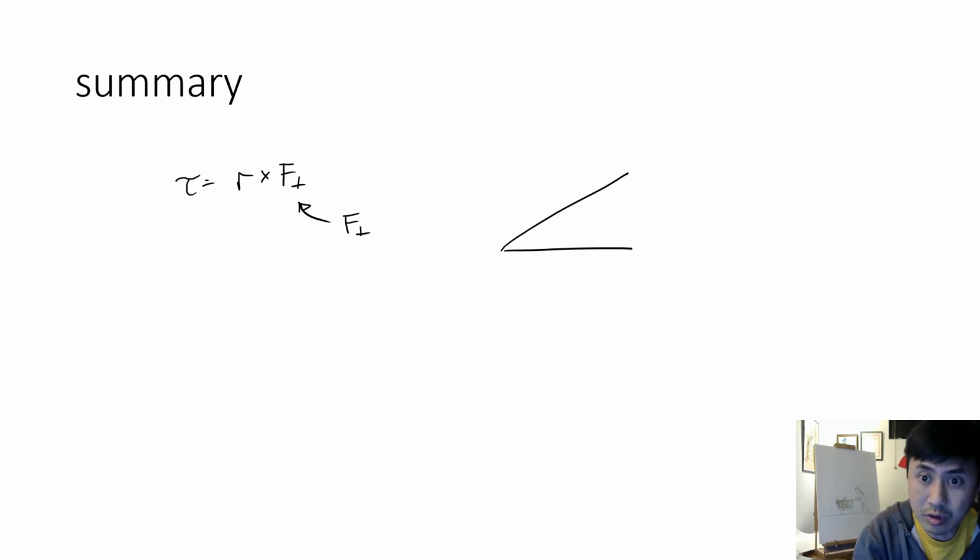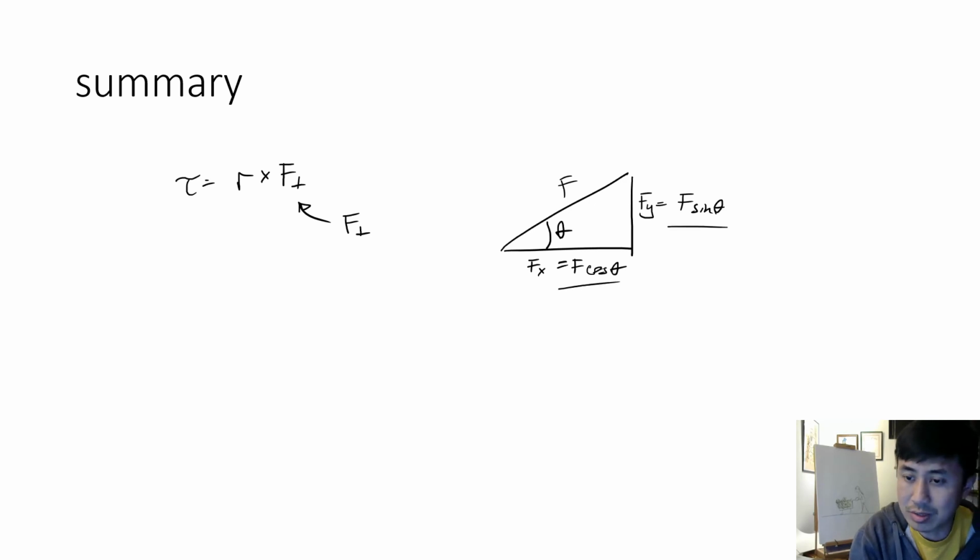So we're going to have to do our sine cosine stuff, meaning if we have theta, sometimes we'll have to do the force along the y. This is equal to F sine theta. We used that once. Sometimes we need to use our force along the x. This is equal to force cosine theta. So sometimes for our force perpendicular, we need to use either the sine or cosine component.